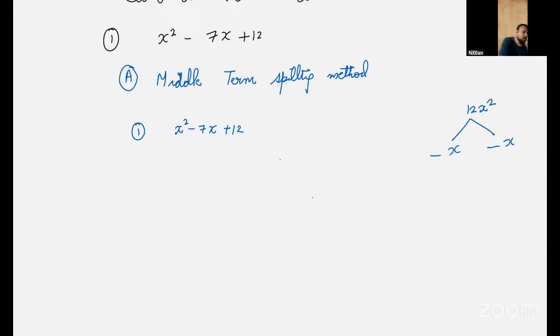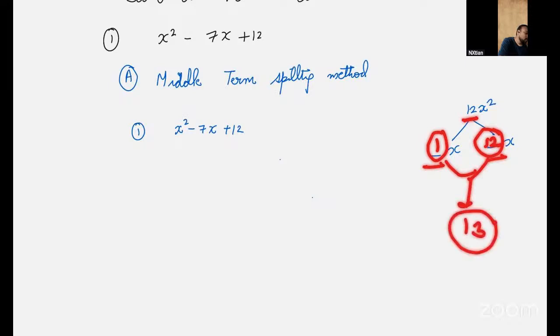Any number, when you multiply it, you get 12. One. One and another number, you need two numbers, right? Yeah. So 1 multiplied by 12 is 12. But when you add it, you get 13. But we need the answer -7. Any other number?